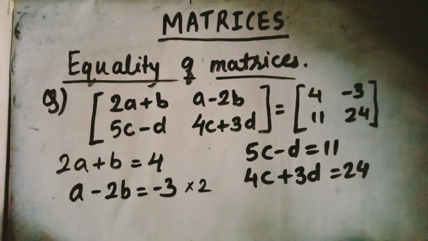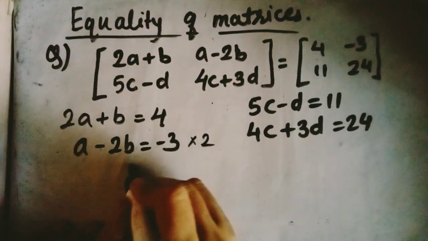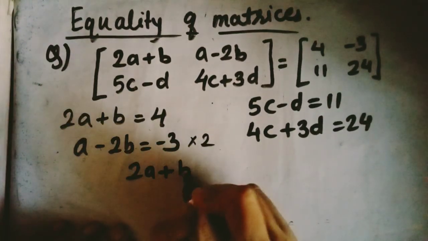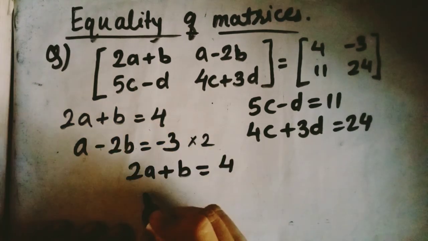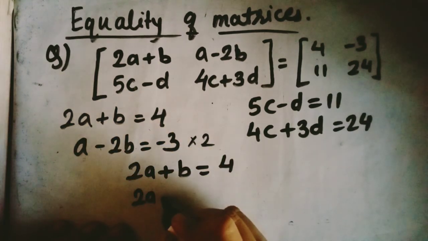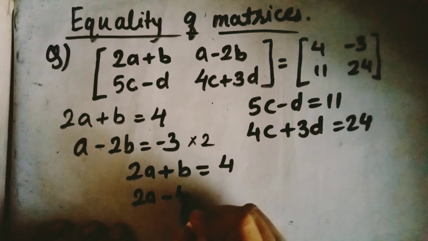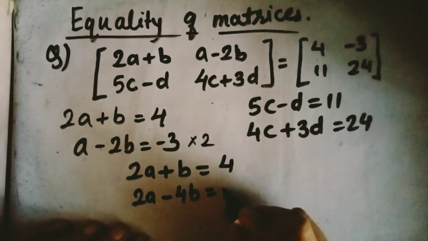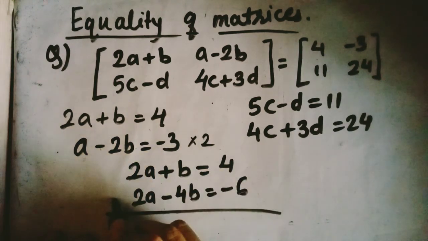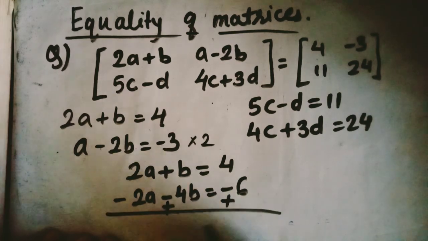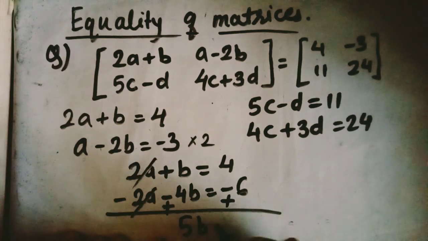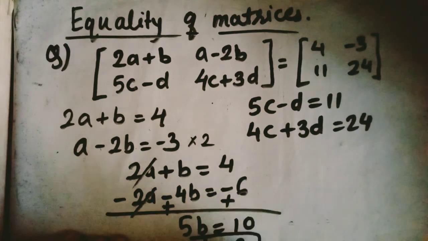So I'll get 2A plus B equal to 4 and 2A minus 4B equal to minus 6. Changing signs, you will get B equal to 2.